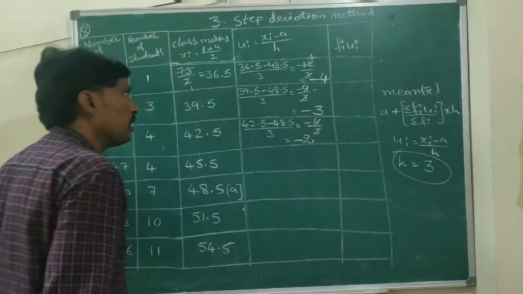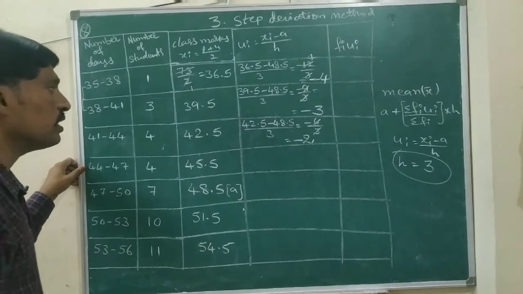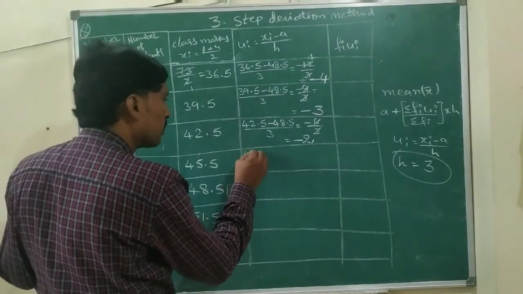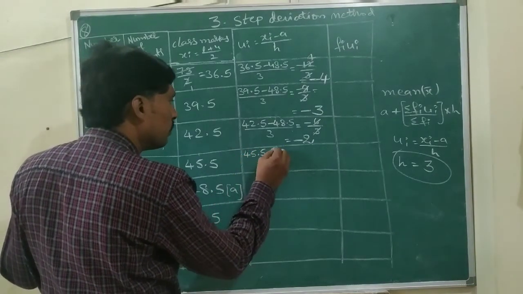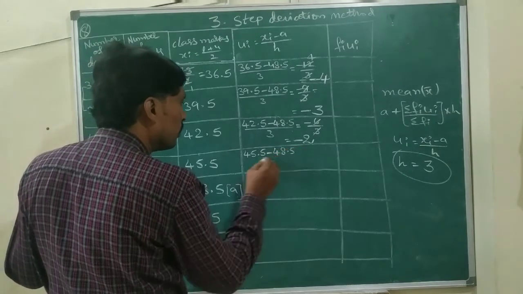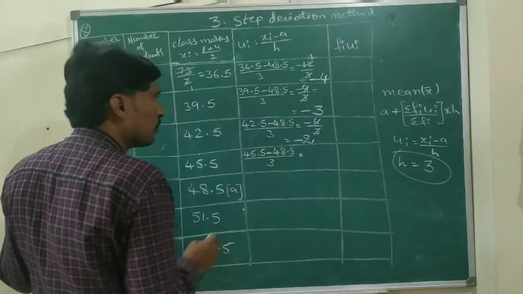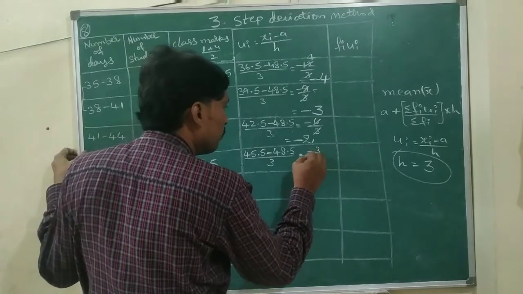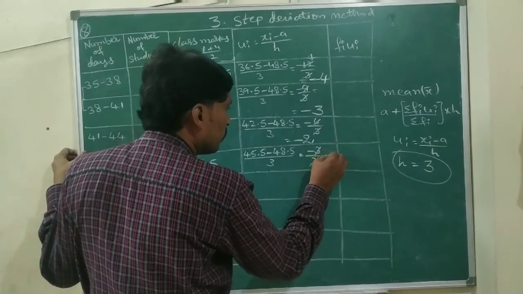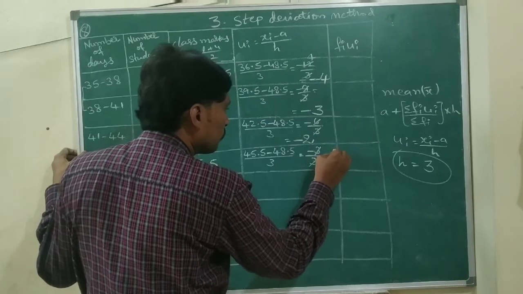The next class mark is 45.5: 45.5 minus 48.5 by 3 is minus 3 by 3, which gives minus 1.